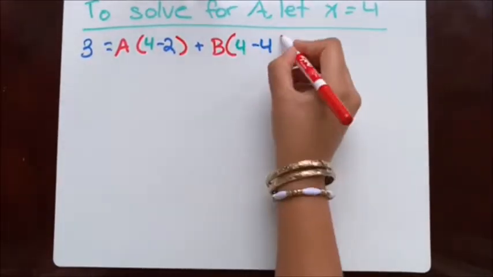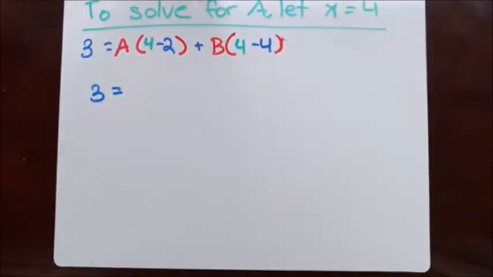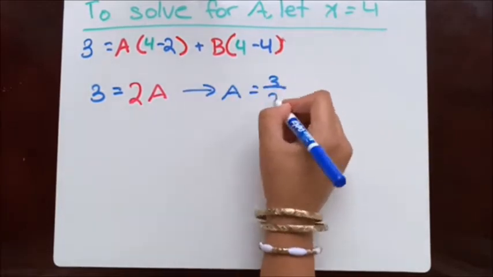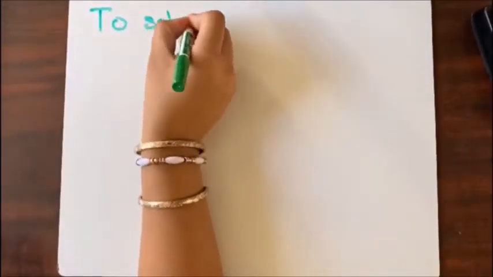To solve for a, let x equals 4. Pick the value of x that negates letter a or b. In this case, we are attempting to negate term b. After calculating, a equals 3 halves.